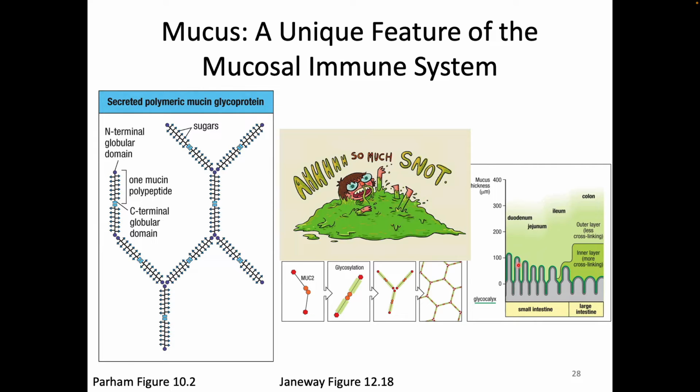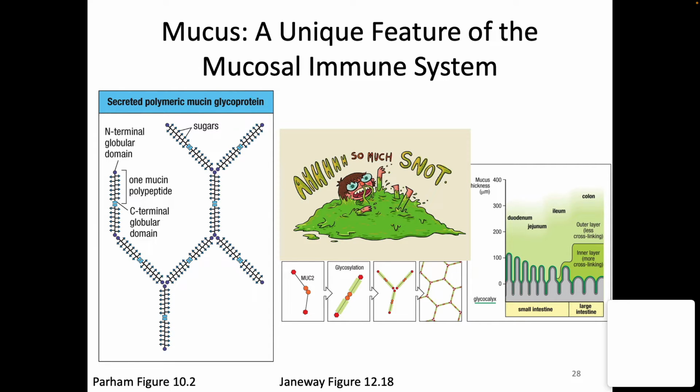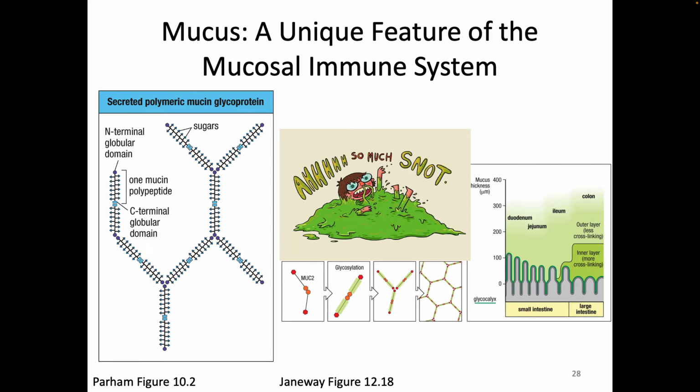So mucus is basically a polymer where there is this one little protein that gets a ton of glycosylation, and then when that one little protein is outside of cells, it polymerizes to make this super giant molecule.